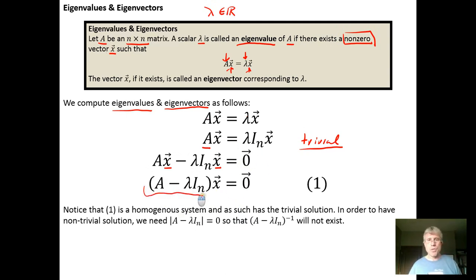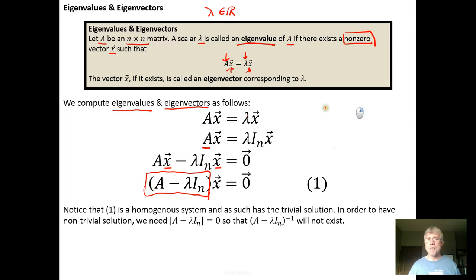What we remember is that this matrix right here, if you crunched it, you'd have a matrix times x equals 0. So what we needed was for this matrix to not be invertible.